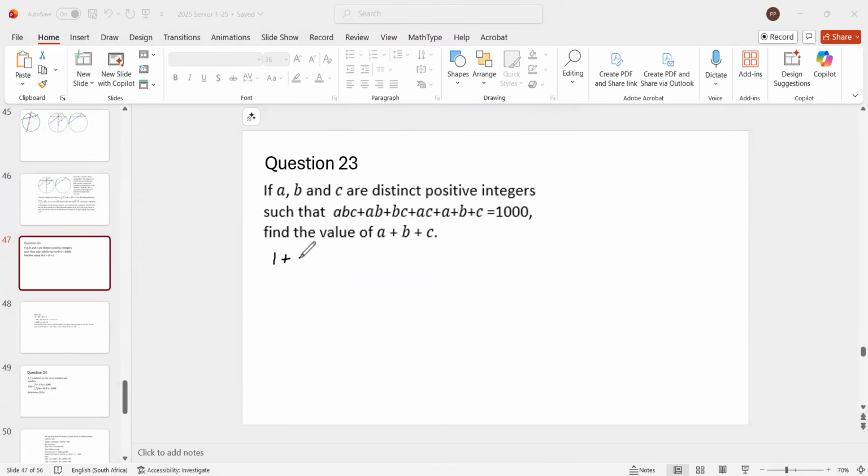If I multiply 1 plus A times 1 plus B times 1 plus C, right? Don't ask me where I got that from, but this comes with experience. So you got 1 plus A, you multiply these two, I have 1 plus A plus B plus AB into 1 plus C. So you have this whole thing here times 1.